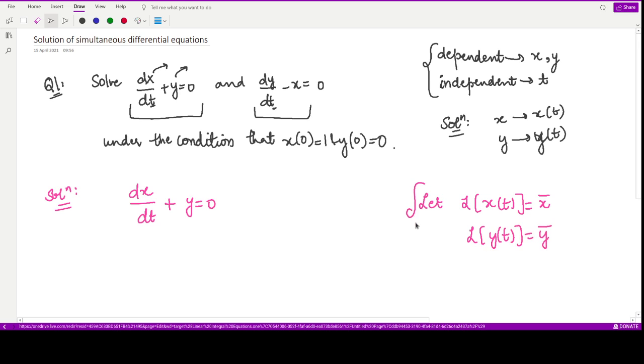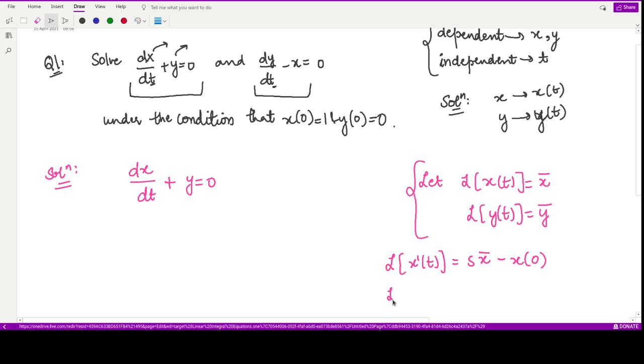If we assume this, then we know the Laplace transform of the first derivative of x would be equal to s into x bar minus the value of x calculated at the point 0. Similarly, the Laplace transform of y dash t would be equal to s into y bar minus the value of y calculated at the point 0. So we can use this expression here.